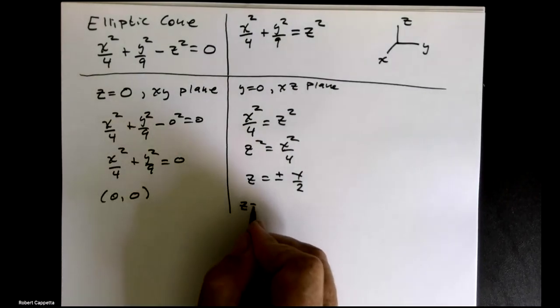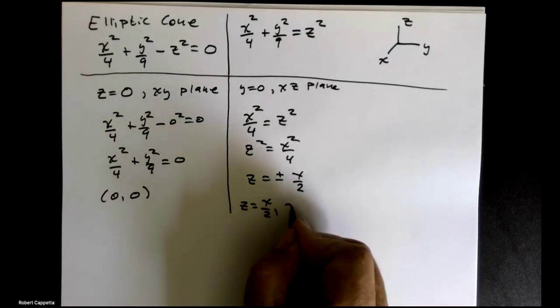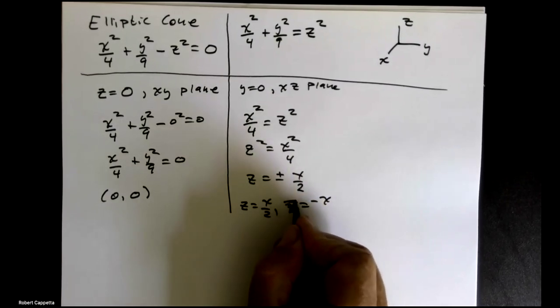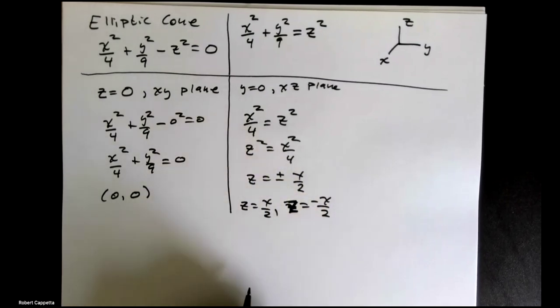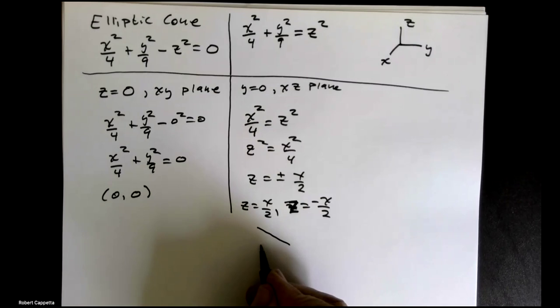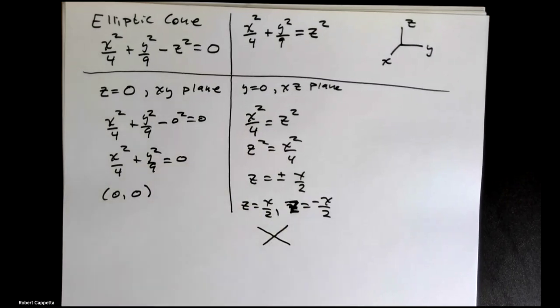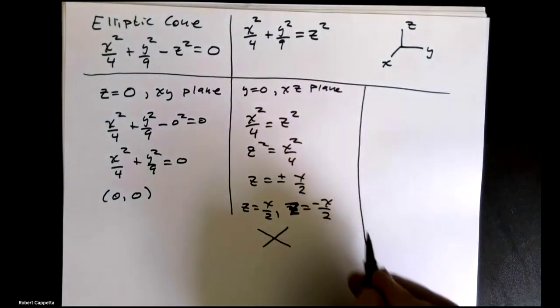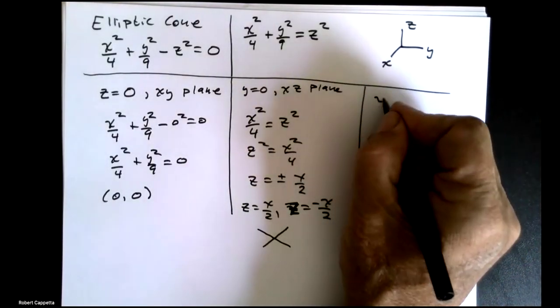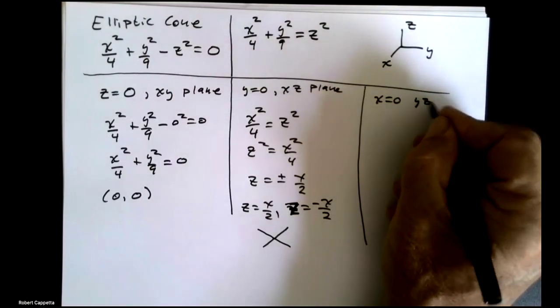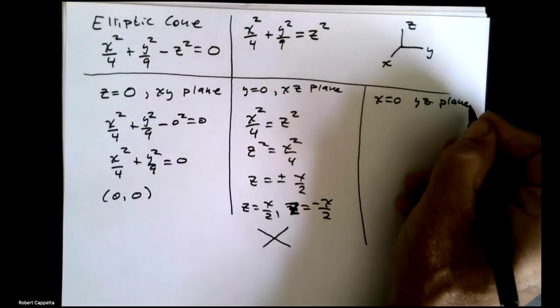Do we see that? Z equals x over 2. Z equals negative x over 2. So intersecting lines like this, essentially. So looking at it from the left, it's going to look that way, and from the right, it's going to look similarly, yes? So if I let x be 0, now I'm looking at the yz plane, which is sort of a front view kind of thing.